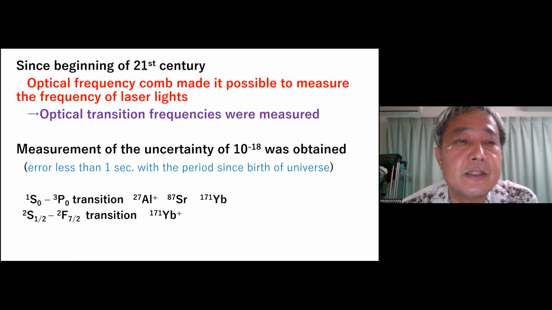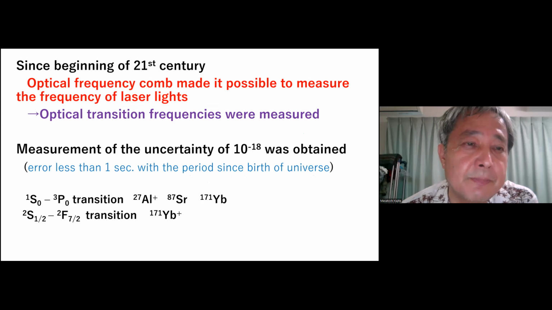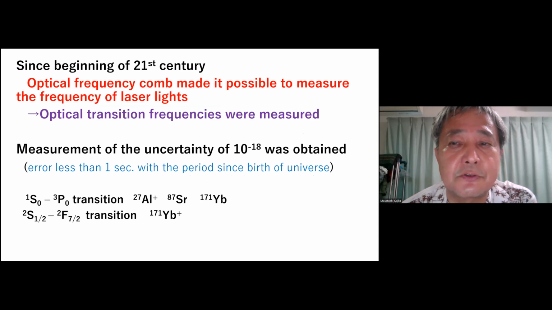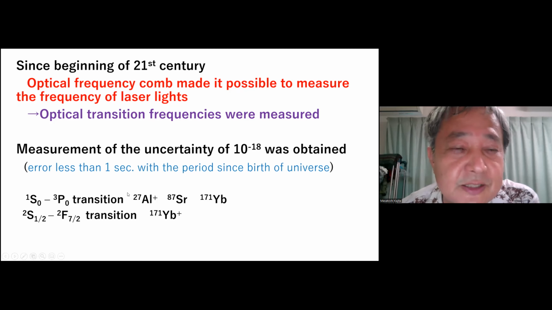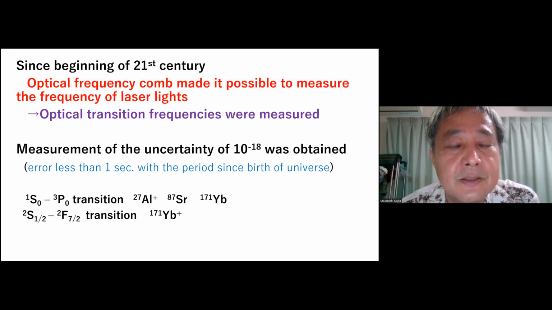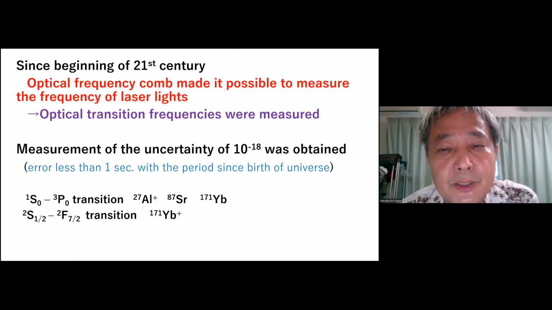So the measurement of optical transition frequencies became one of the hottest topics for physicists. Measurement uncertainties of 10 to the minus 18th were obtained for these transition frequencies. An uncertainty of 10 to the minus 18th means an error of 1 second over the period since the birth of the universe.